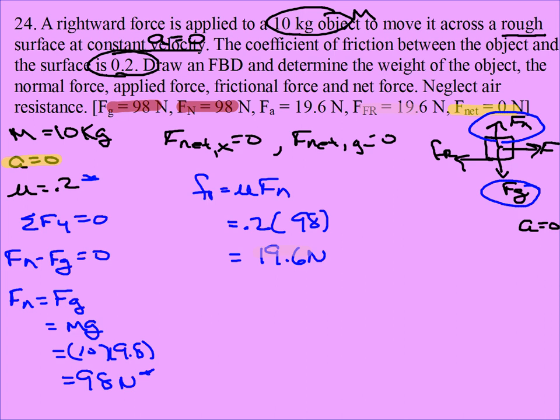Let's sum the forces in x, and this equals 0. So I have F minus friction equals 0. So my applied force has to equal my frictional force, and that is 19.6 newtons. So now I found the last thing I'm looking for.